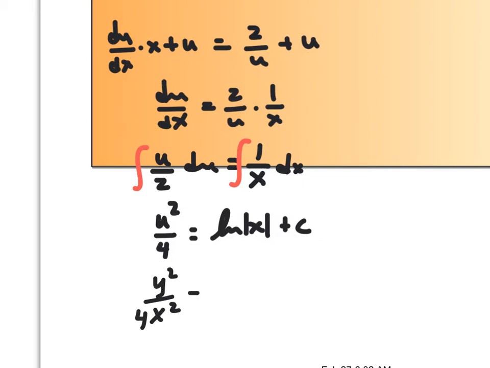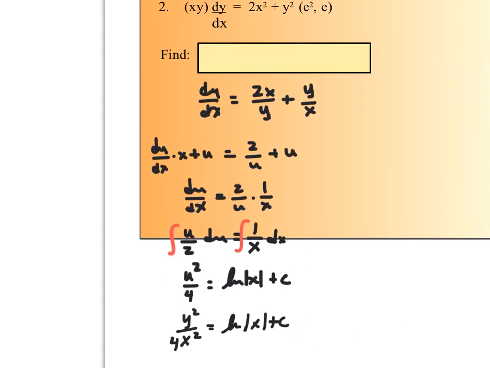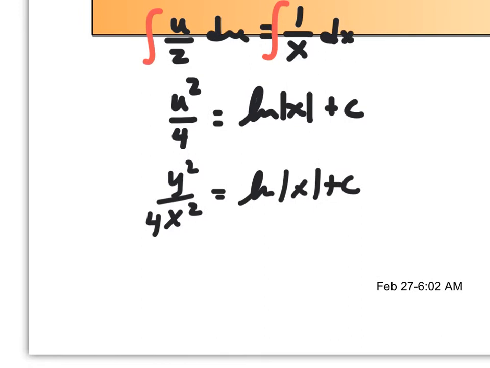Alright, and that's going to equal natural log of x plus c. So I think it was e squared, e, wasn't it? Okay, so that means x is e squared when y is e.